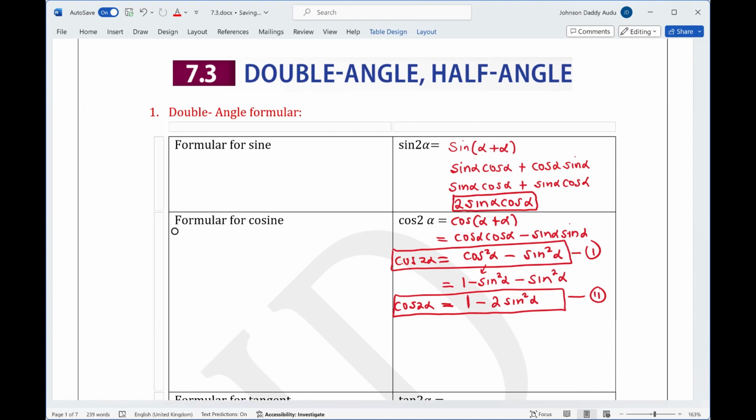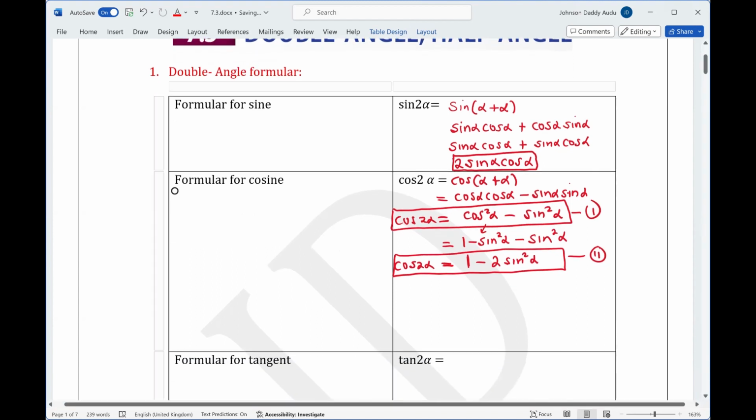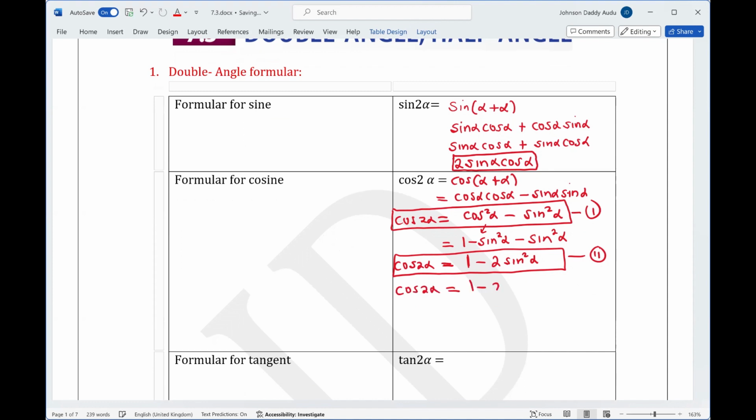So then now we need to write the third one. The third one also comes from here. If you look at this, we can write everything in terms of cosine as well. We can write cosine 2 alpha equal 1 minus 2, and this sine squared we can write as 1 minus cosine squared alpha, right? So you see we are changing everything to cosine now.